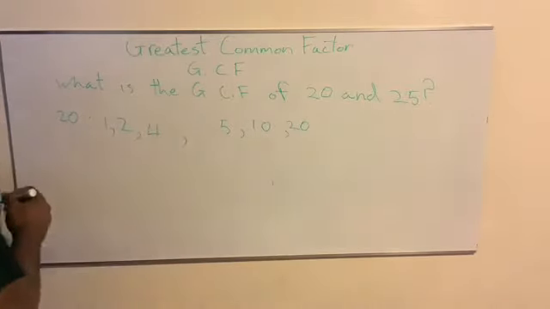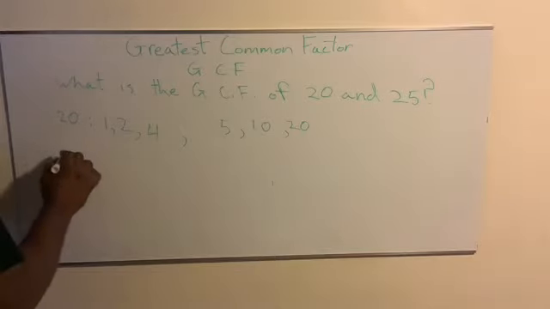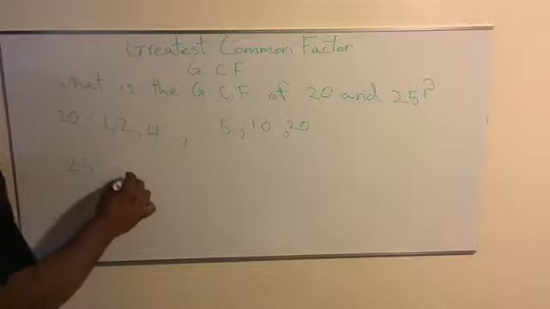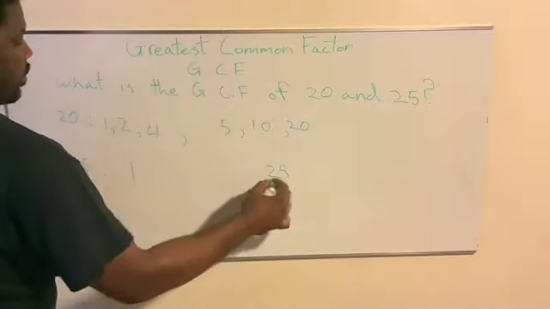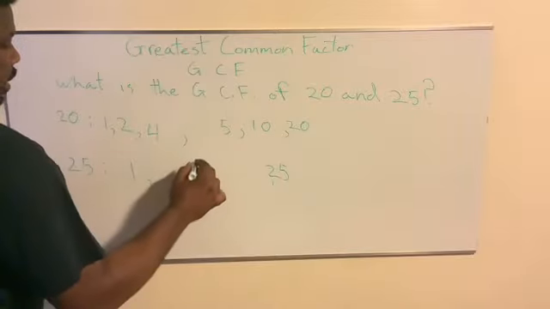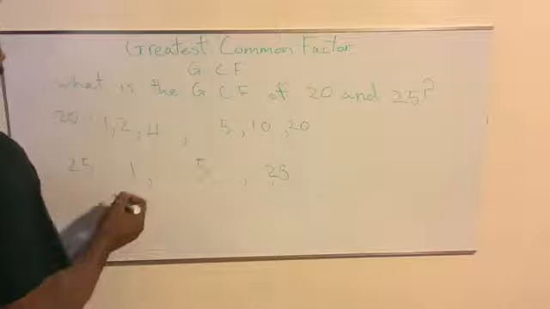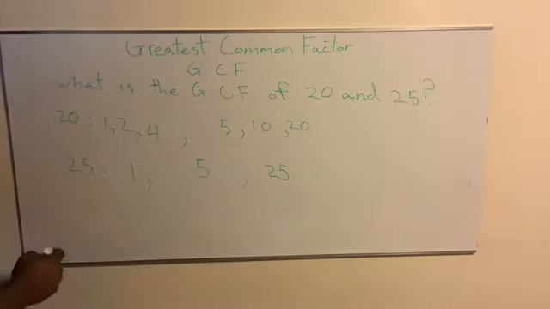And those are all the factors of 20 and the factors of 25. 1 and 25. And then 5. 5 times itself. So 1, 5, and 25 are the factors of 25.